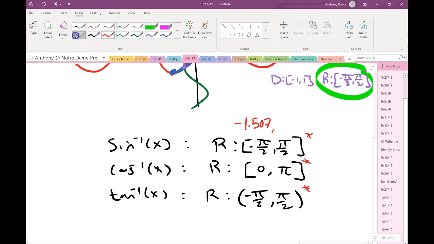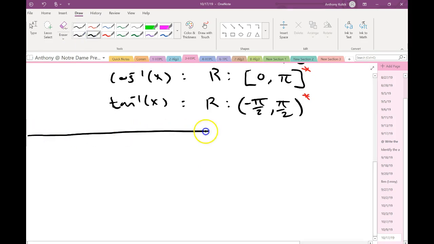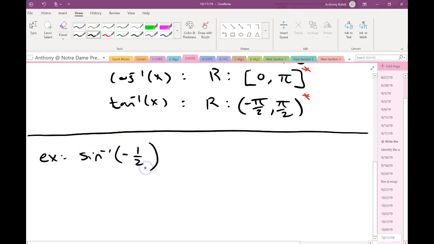All right, so if we actually want to start computing some of these inverses without using our calculator, let's say we want to find the sine inverse of negative a half. Well, there's two approaches I can take to this.